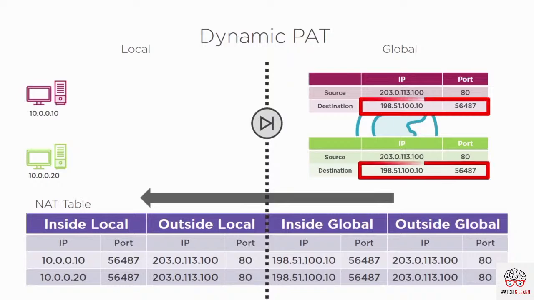Well, we can't do anything with this because we don't know which message goes where. On the global side, the messages look identical, and we have no idea which computer they go back to. So when we're doing NAT like this, NAT can get confused and actually not operate correctly.